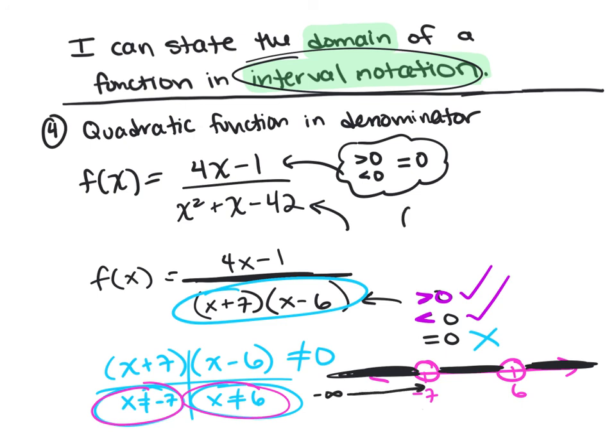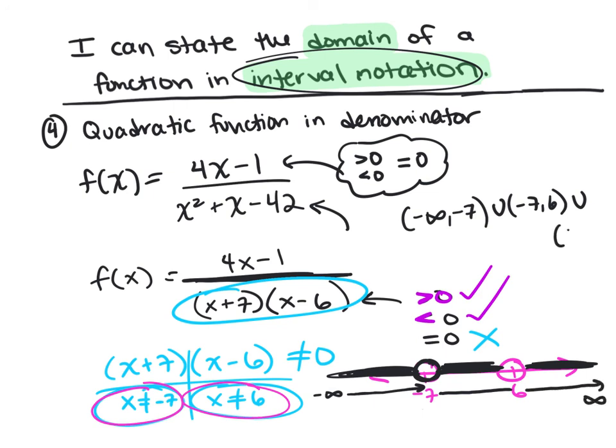So I have negative infinity to negative 7. We don't include negative 7 because of the open circle. Now we're coming from negative 7, going, stop at 6. So we union that with negative 7 to 6, unioned with, again, we're coming from 6, going, keep going towards infinity.